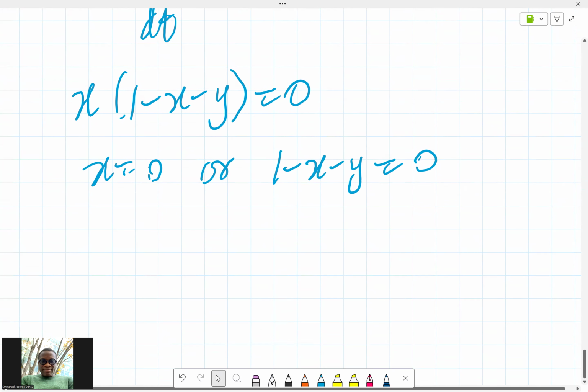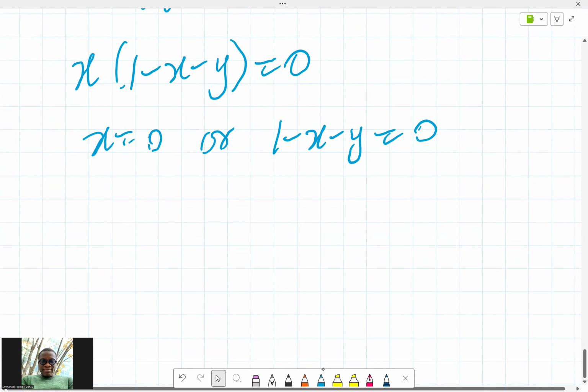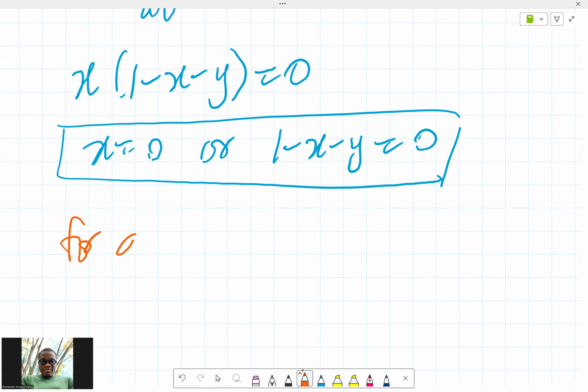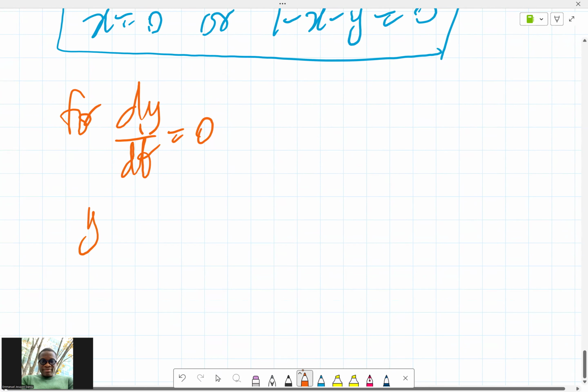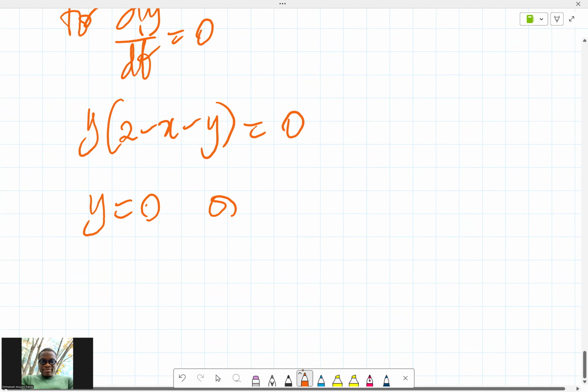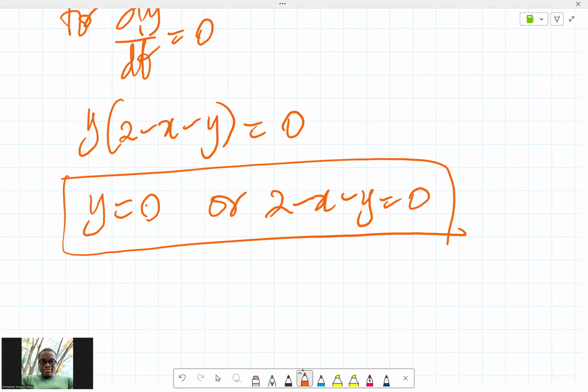For dy/dt equals 0, that means we have y(2 - x - y) equals 0. So y is equal to 0 or 2 - x - y is equal to 0. So we also have this. So what do we do with this information now?